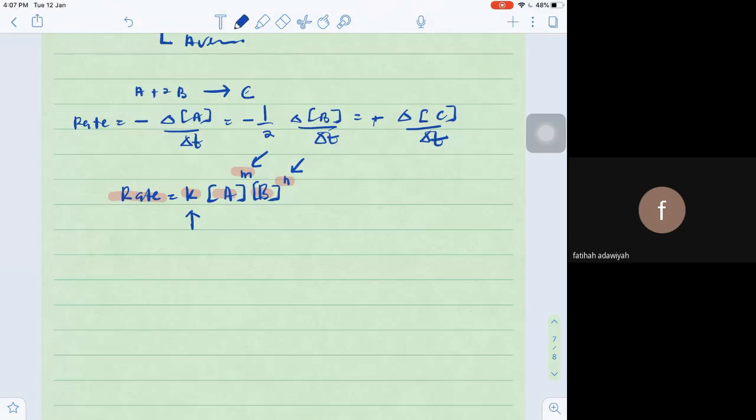In the integrated equation, it is divided into three orders that we covered in our syllabus. Zero order is when the integrated rate equation is, what is the integrated equation for zero order, Ali Ubaidah?